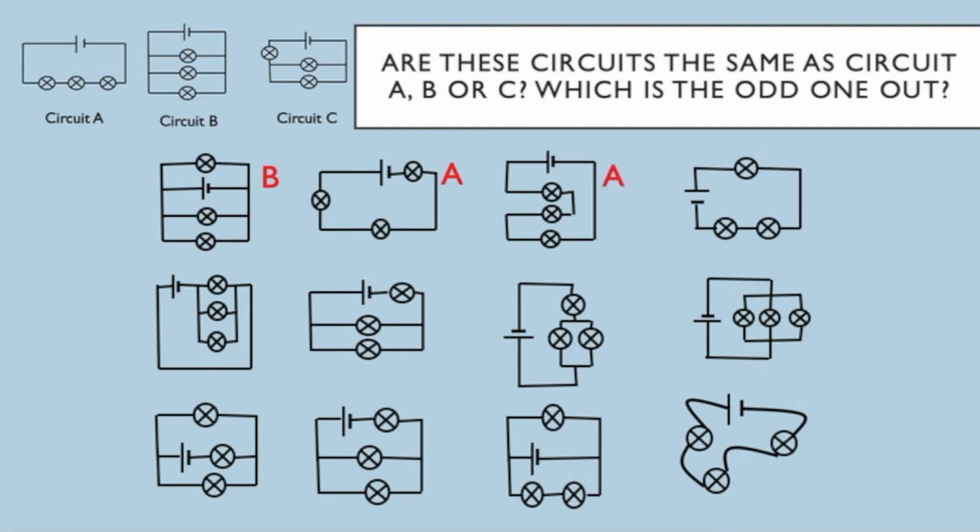The next one again, that's like a series circuit. It's just drawn a bit differently. The next one, although that looks completely different, it's actually a parallel circuit. We've just got an extra wire in there.